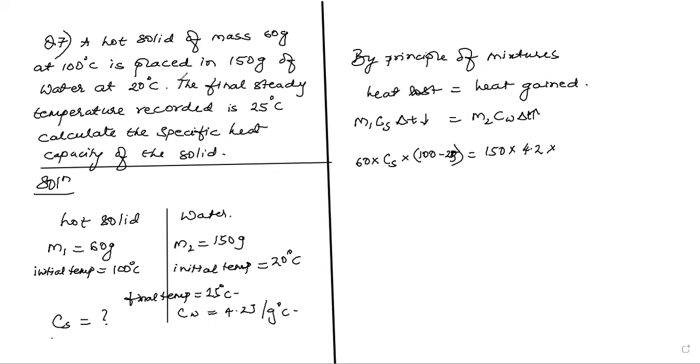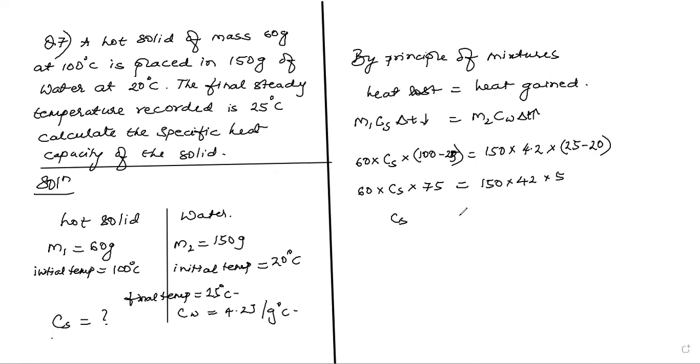Here, the rise in temperature, 25 minus 20. From 20, it has come to 25. So 60 into CS into 75 is equal to 150 into 4.2 into 5.